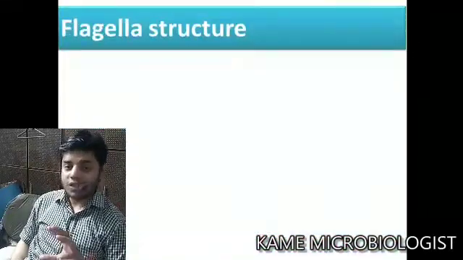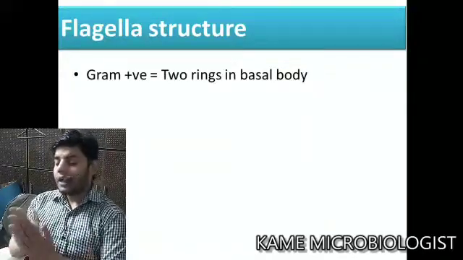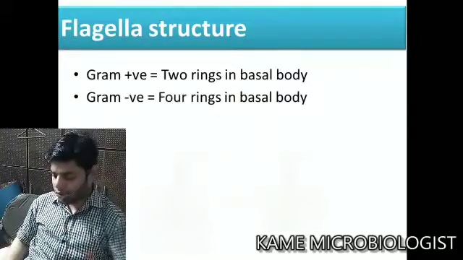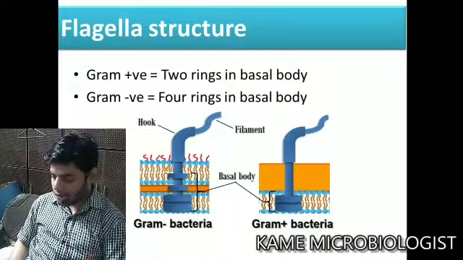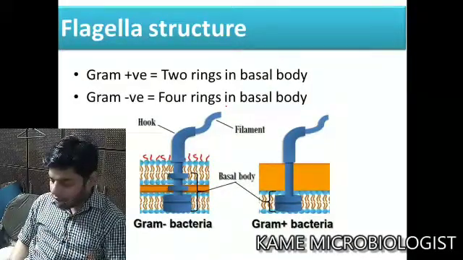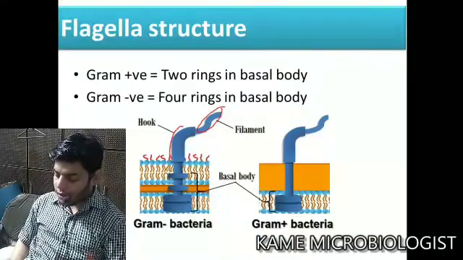Then we have the flagella structure of the gram-positive and gram-negative bacteria. First of all let me show the diagram. This is the diagrammatic explanation of the gram-positive and gram-negative flagella. Remember guys, this one is the filament, and this portion is called the hook.